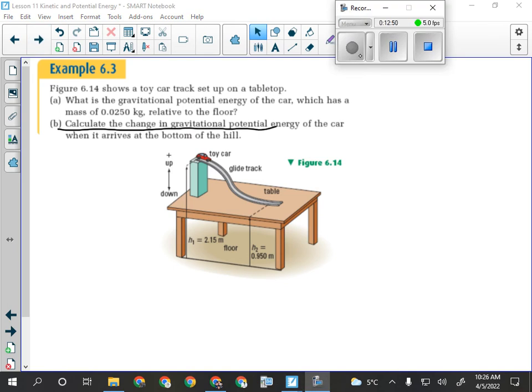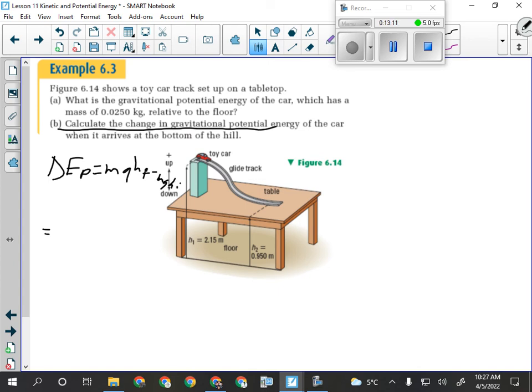Obviously the purpose of having you do this question was not to tax your mathematical abilities. We've done stuff way harder than this, but what I want to illustrate is an important concept here that leads to conservation of energy. The change in potential energy is m times g times h final minus m times g times h initial.